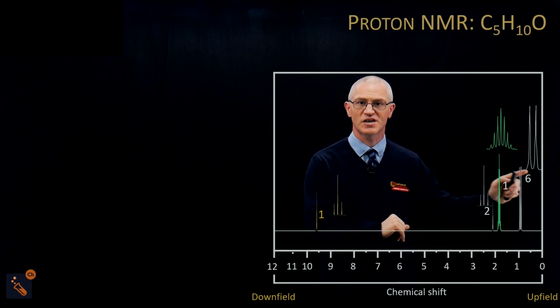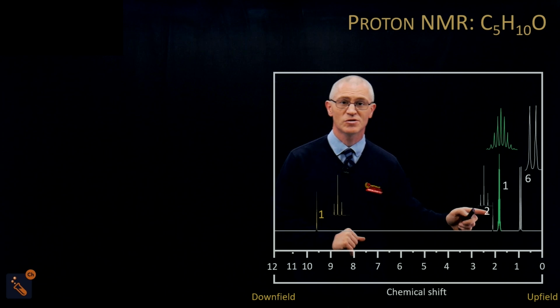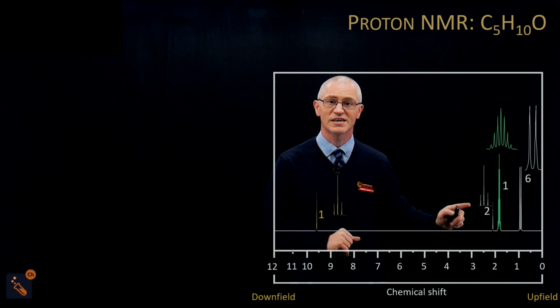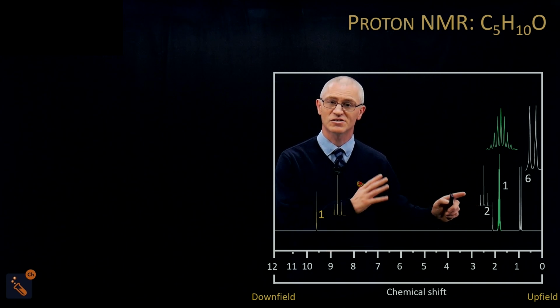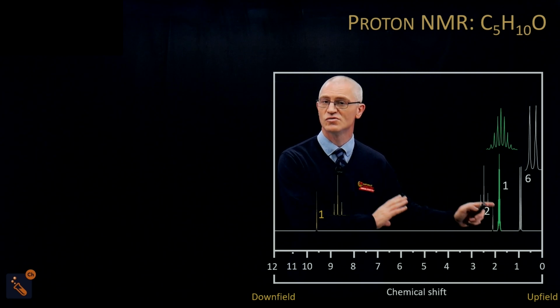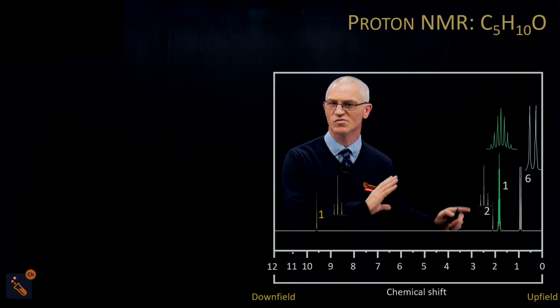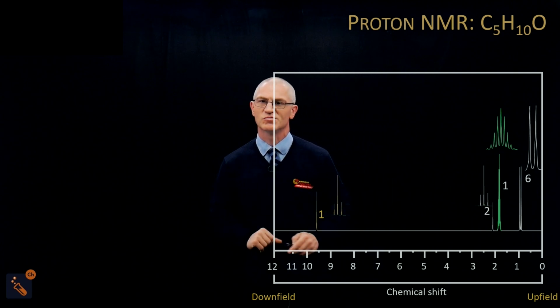So these two CH3s are connected to this CH. And then this is a triplet, which means it is connected to something that has 2 hydrogens on it. Well, that's a more difficult one, and we'll come to that as we go through.